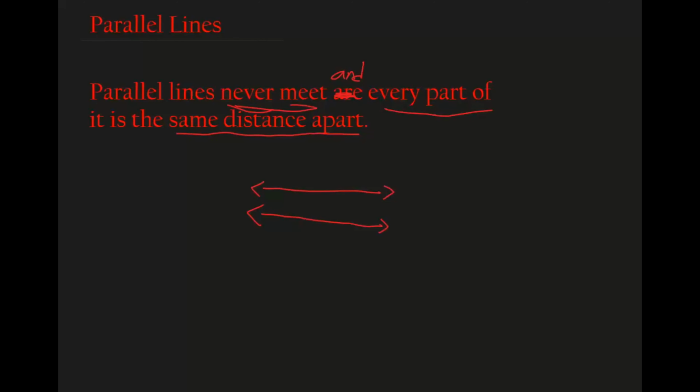So this is what a parallel line would look like. If you don't understand, because I drew all those lines in between, you can just look at this one. We have a line that never ends, then underneath it, another line that never ends, and they're the same distance apart, every part of it.